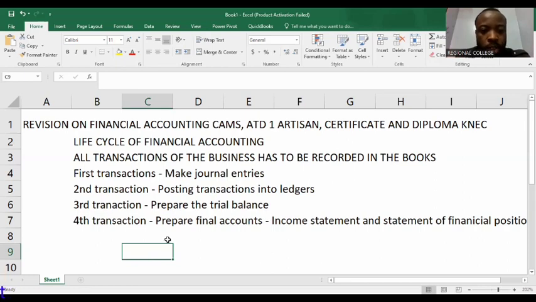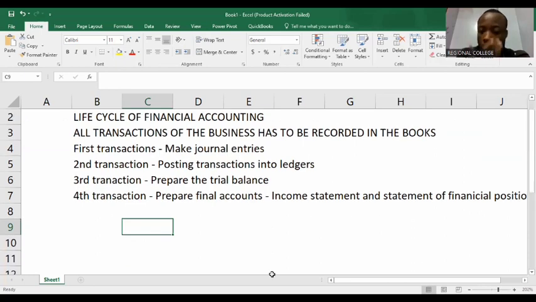At the end, you prepare the trial balance, so that you know the value of your assets, expenses, incomes, capital, and liabilities on different sides. Then you transfer whatever is in the trial balance to the final accounts, so that you know whether the business made a profit or a loss during the year. That becomes the income statement. And you know the position of your assets and liabilities in the statement of financial position.